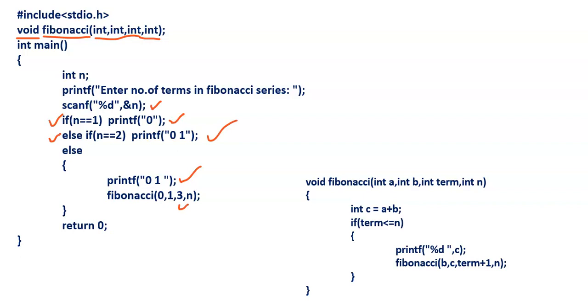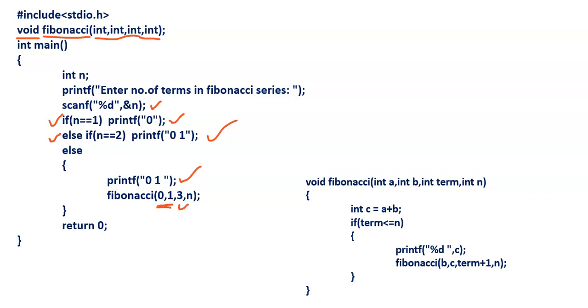Why? Because already two terms are printed here. We are also passing n value, as well as the Fibonacci series starting values 0 and 1.